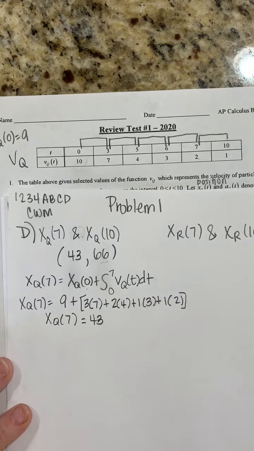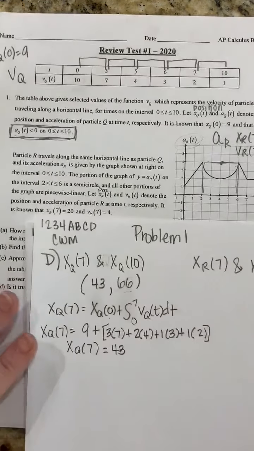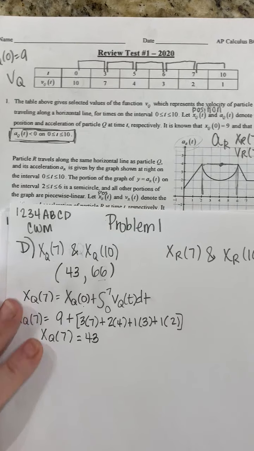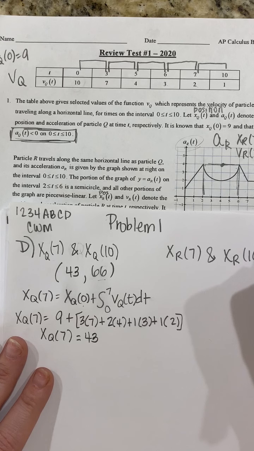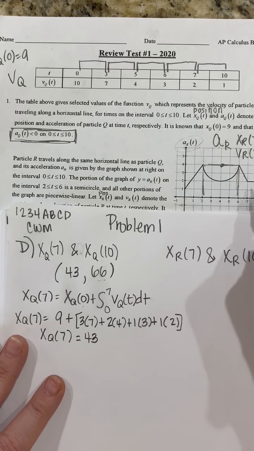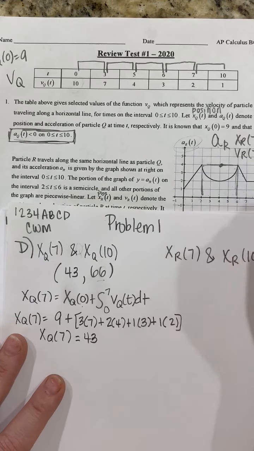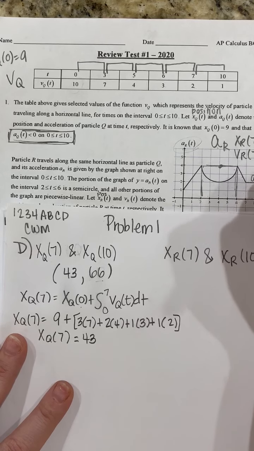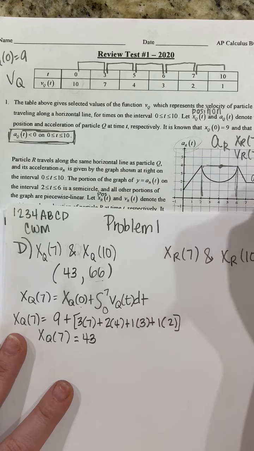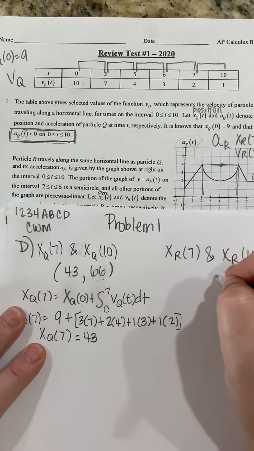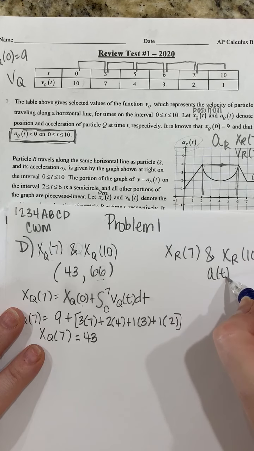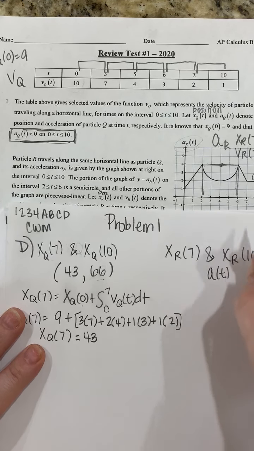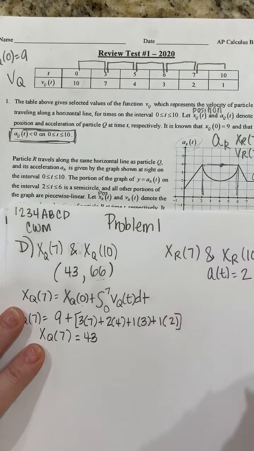Now, how do I find position for R? This is acceleration from 7 to 10. Well, I do know the equation of this line. From 7 to 10, this is the line acceleration of t equals, this is just the line y equals 2. So my acceleration of t from 7 to 10 is just 2.